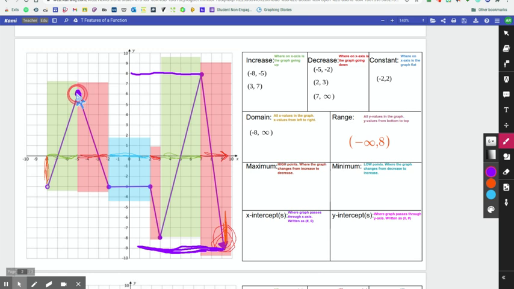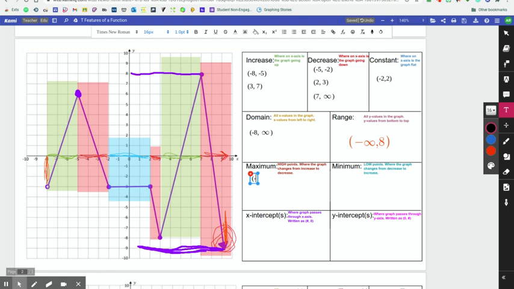Okay, so we should see it happening right here. What is the ordered pair of that point? What's its x value? What's its y value? Beautiful. So we have negative 5 comma 6.